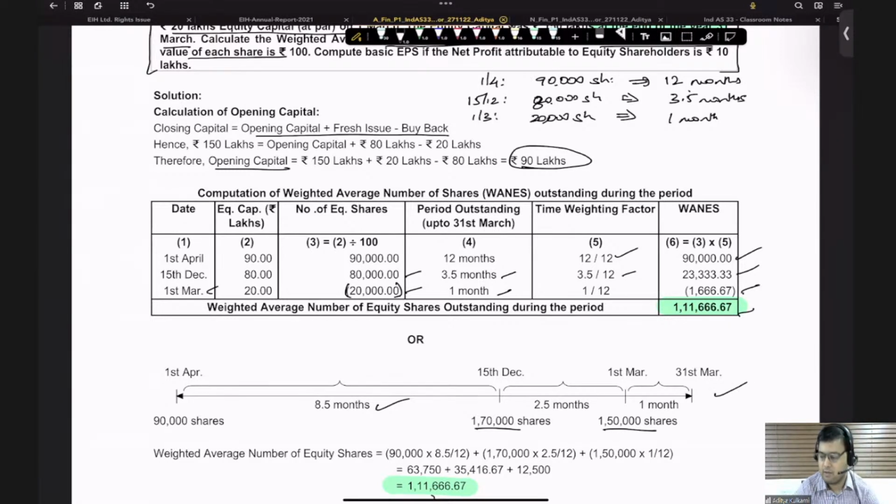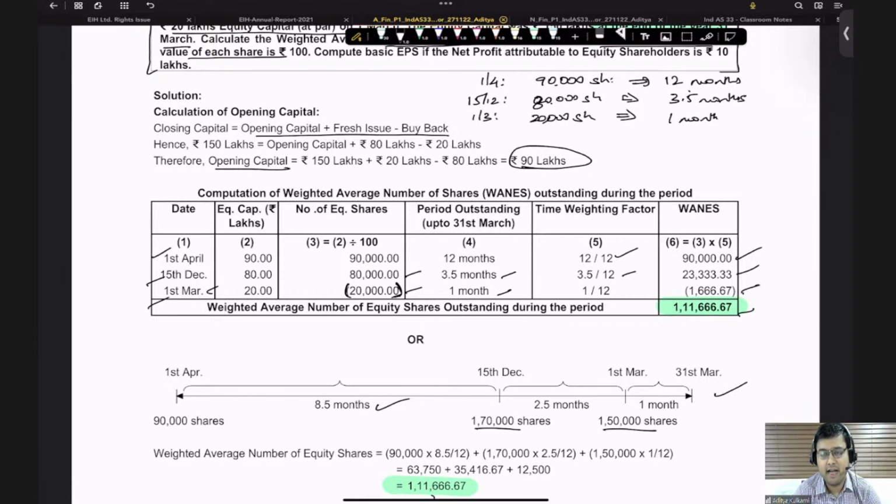I would go ahead with method 2 because you know what happens in method 1? There is a chance that I go wrong in the signage. There is a chance I miss out a movement of capital. Suppose they give 1st April, then 1st March and then 15th December data.